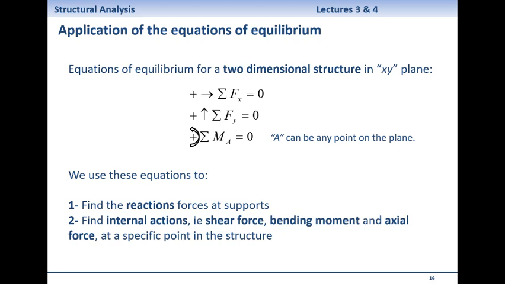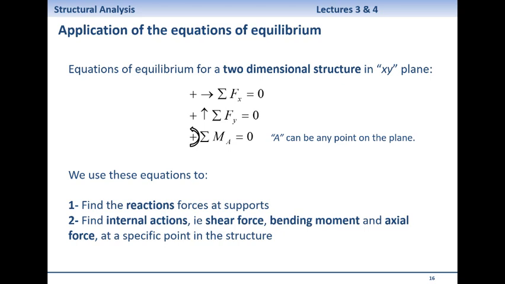So what you see there is summation of forces. Now we've become a little bit more specific. Summation of forces in x direction is 0. Summation of forces in y direction. Because you can imagine, if it's a 2-dimensional structure, everything is happening in that plane where the screen is. There's nothing out of that plane.